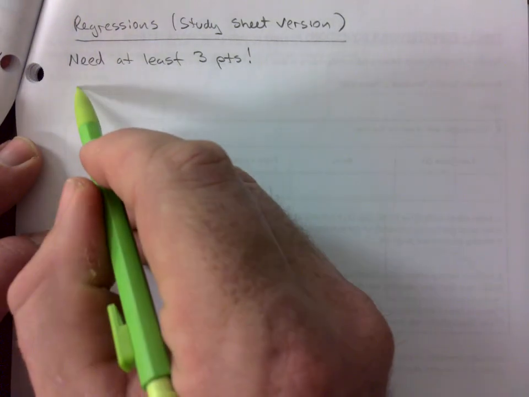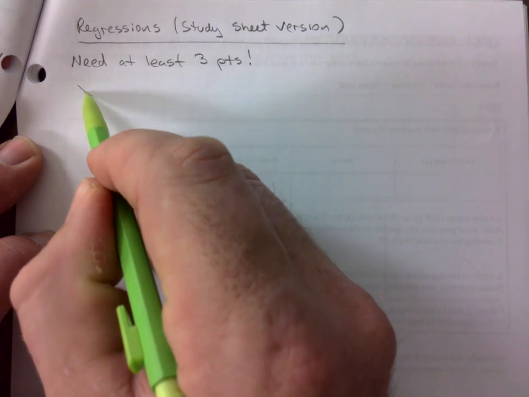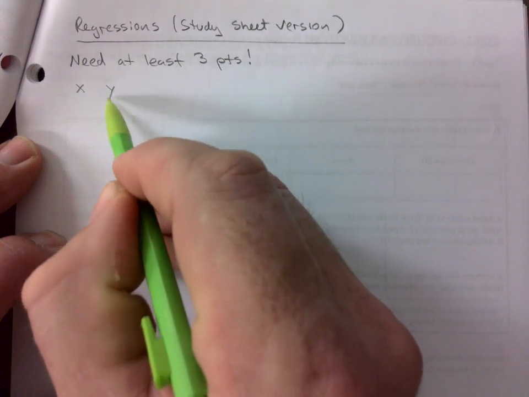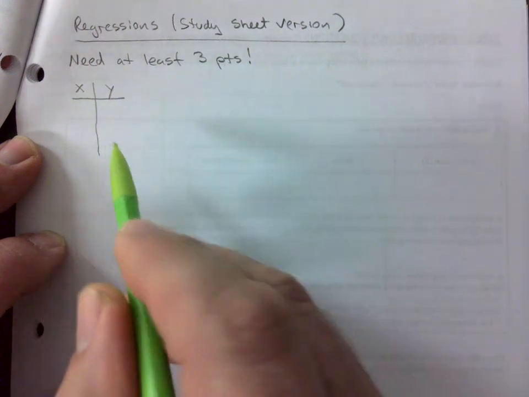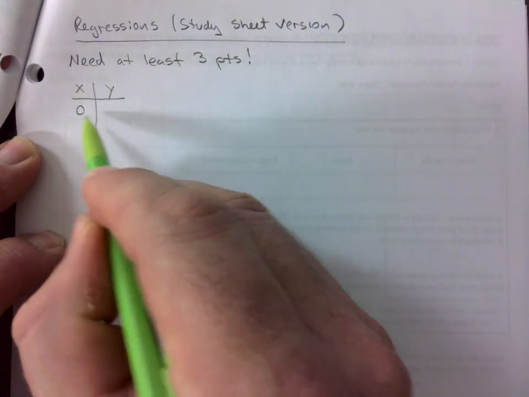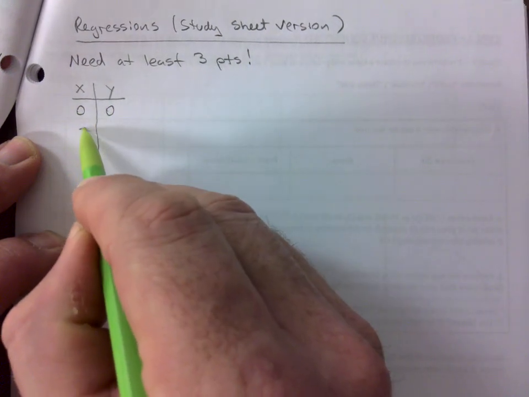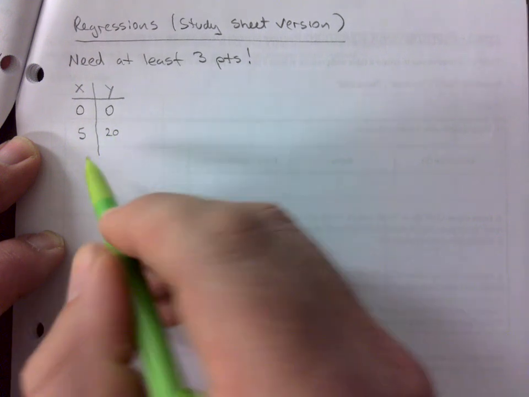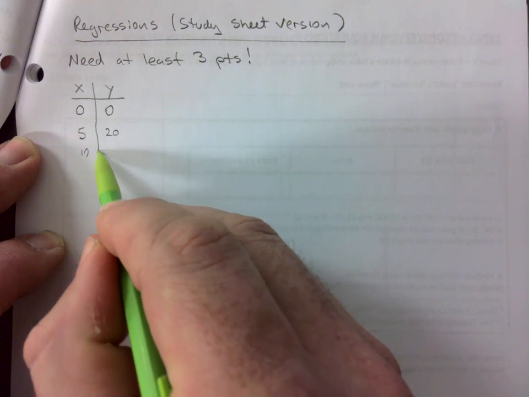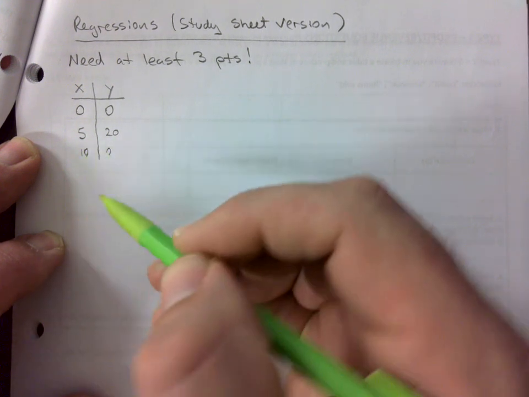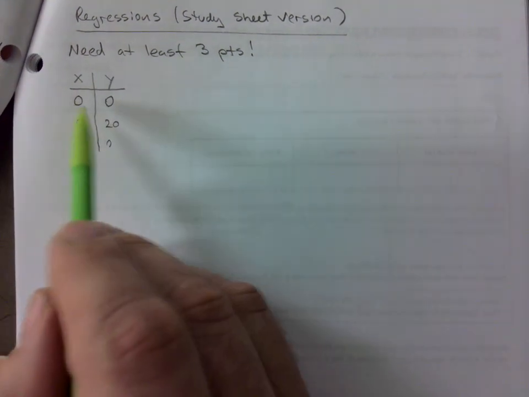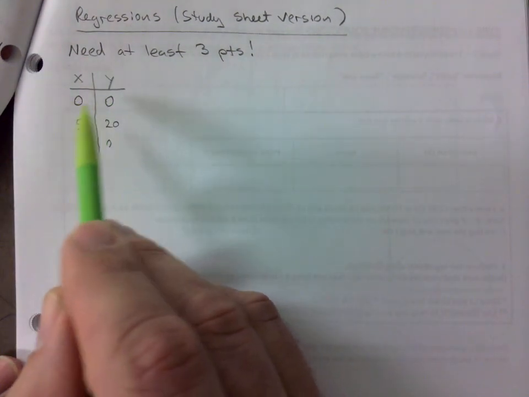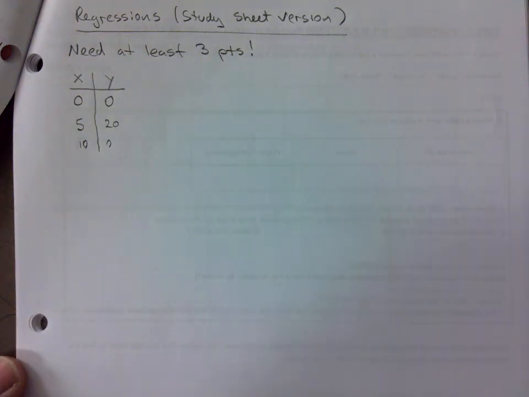So then I will say, once you have your x and your y, okay, it could be time and height. Let's just come up with 3 points. Let's say this is 0, 0, 5, 20, and then back to 10, 0. Okay. I have 3 points here. 1, 2, 3. These are all points that I could actually plot if I wanted to.